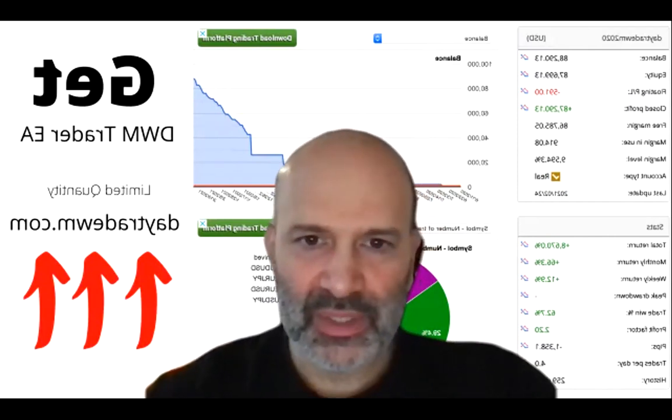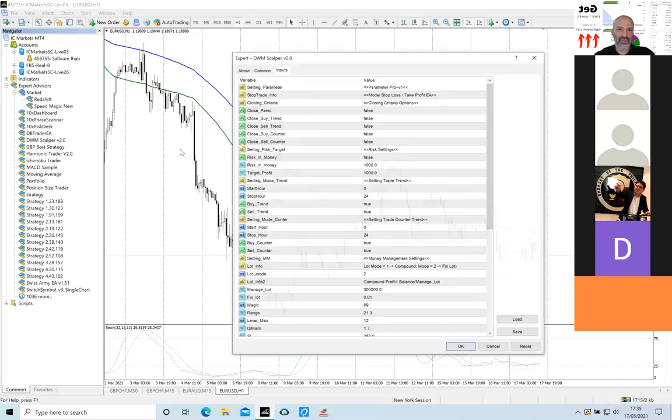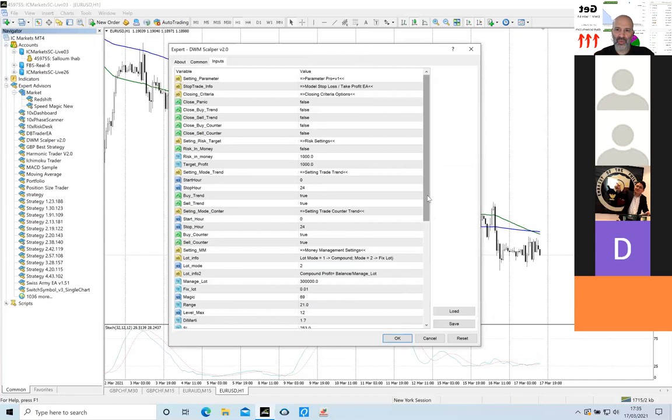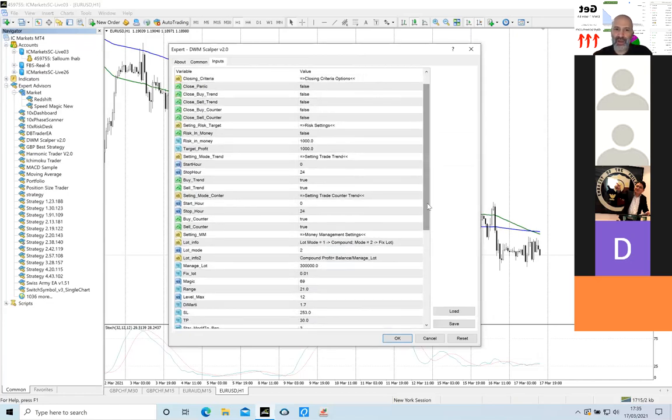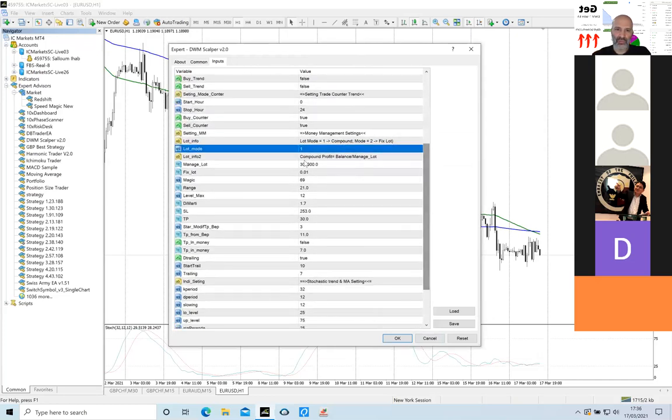Let me get the screen. Okay. So let's consider, for example, the euro US dollar, it was sideways. So sideways market, we will just put this one. And sideways market means counter trend. So we will have the counter trend true, the trend false, and then we will put the lot mode to 1, so it will compound.